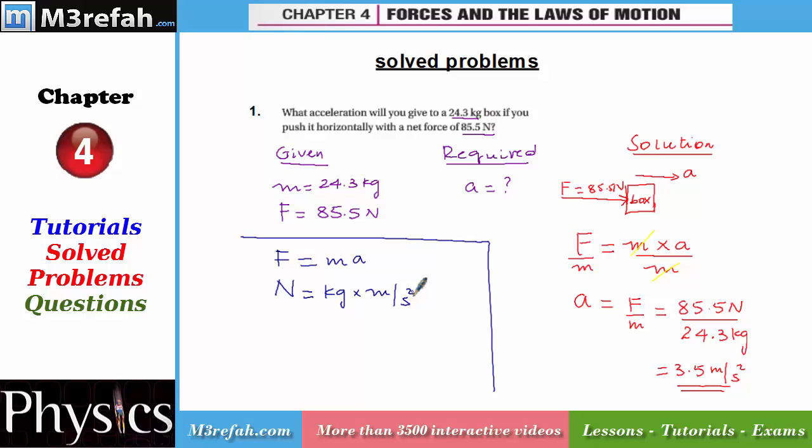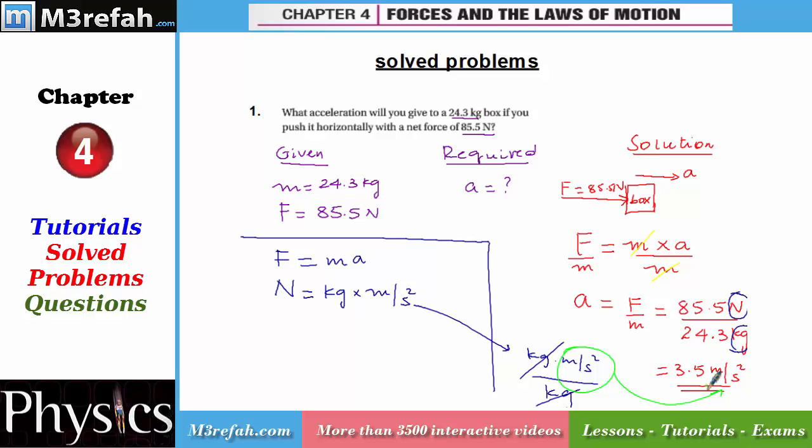So I can express this Newton as kilogram multiplied by meter per second square, divided by the SI unit of mass, that's kilogram. So this kilogram will cancel out by kilogram. Finally, you will have meter per second square, which is the SI unit of acceleration.